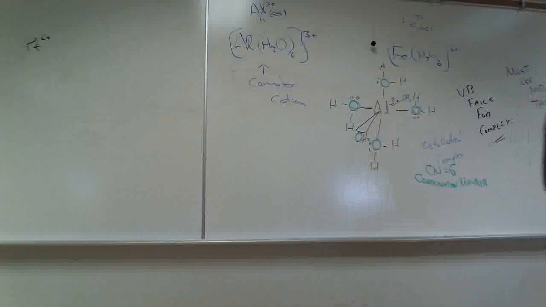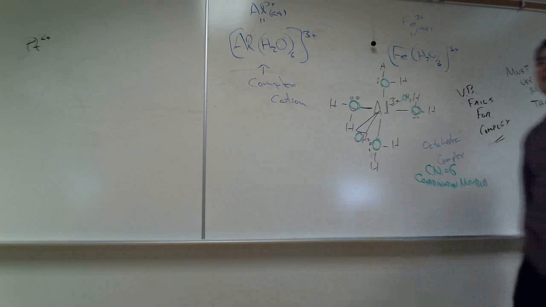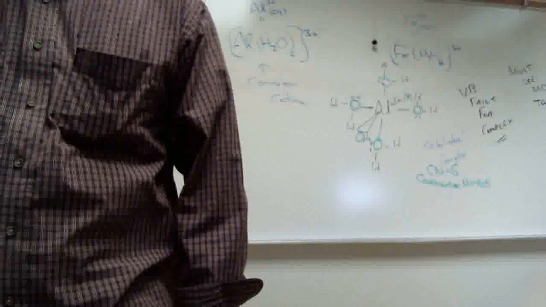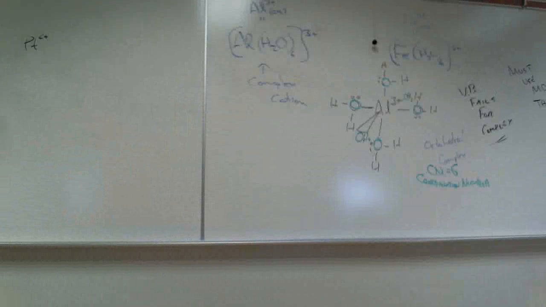How many valence electrons does platinum 2 plus have? 2. That's good. Did everybody get 2 valence electrons? Well, actually, platinum has 2 valence electrons. Platinum 2 plus has 0. It's a little bit of a trick question. Platinum 2 plus, no valence electrons.